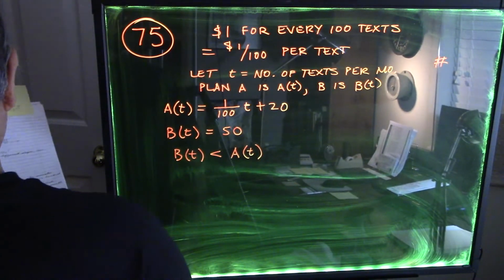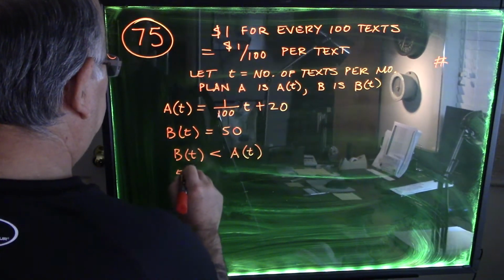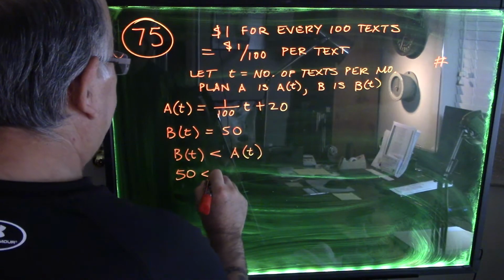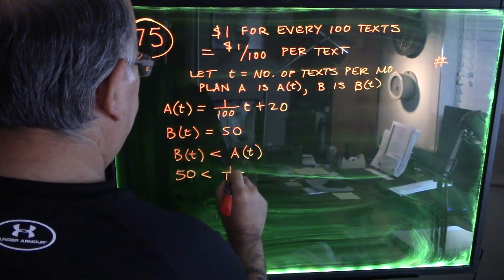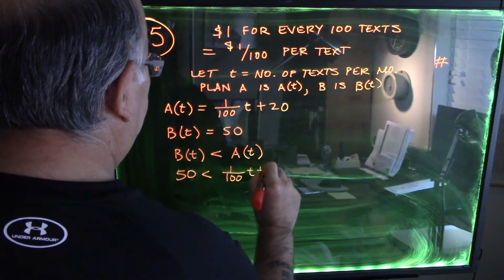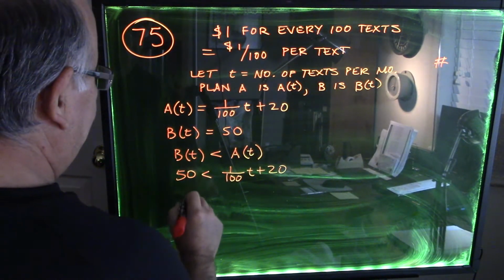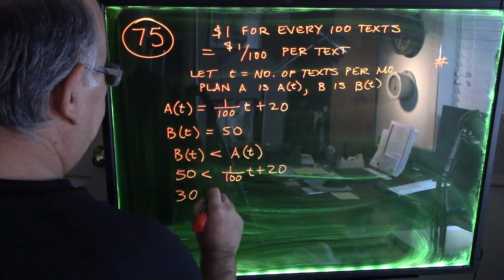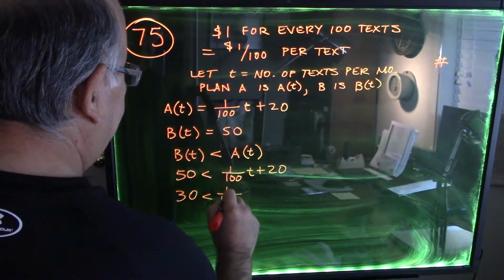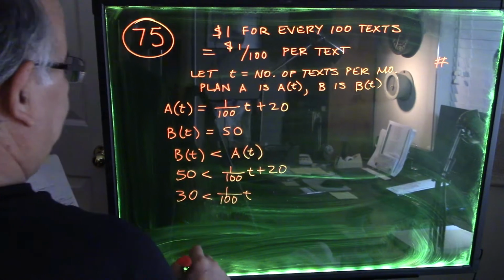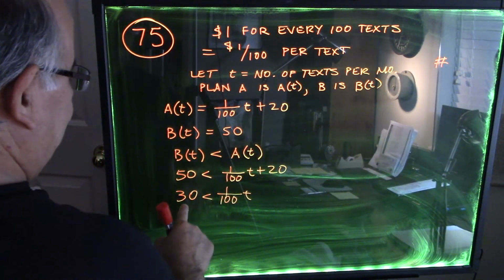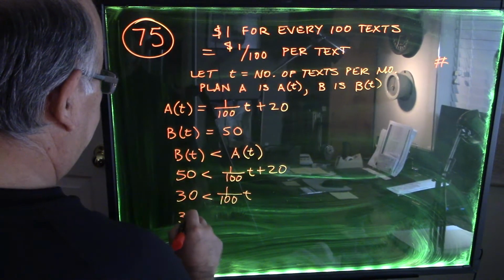Alright? So we've got 50 less than 1/100th t plus 20. Okay? So subtract 20 from both sides, you got 30 is less than 1/100th t. Multiply both sides by 100, that gives you 100 times 30 is 3,000.